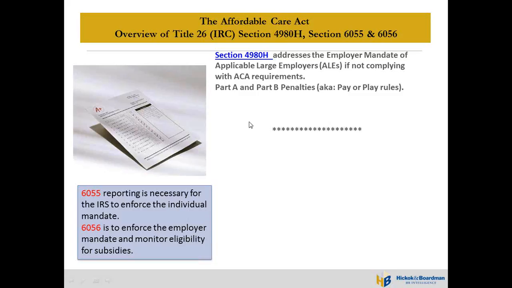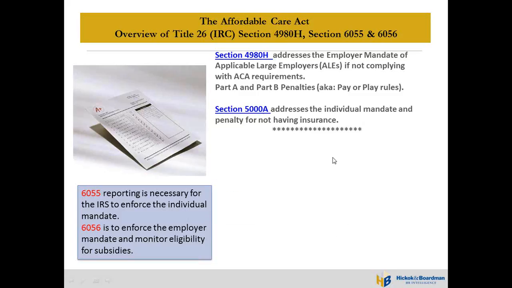Also under this Affordable Care Act, there was another section added called 5000A, and this addresses the individual mandate and the penalty that may be applied to each individual who may not have health insurance during the calendar year of 2014. So there's the employer mandate, Section 4980H, and Section 5000A, which is the individual mandate.